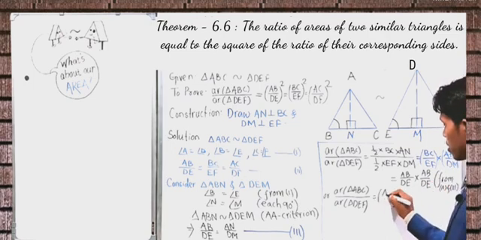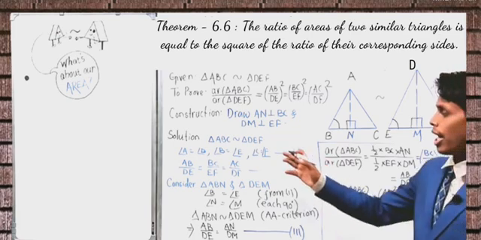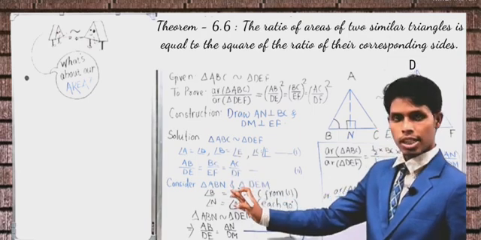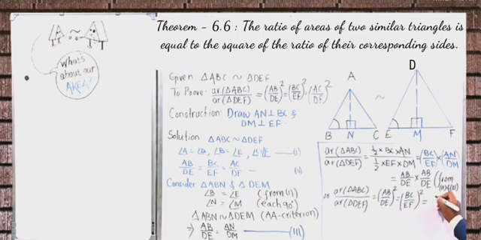So this becomes square of AB upon DE. Okay, and we know AB upon DE is also equal to BC upon EF is also equal to AC upon DF. So we can write also this equal to BC upon EF whole square is also equal to AC upon DF whole square.